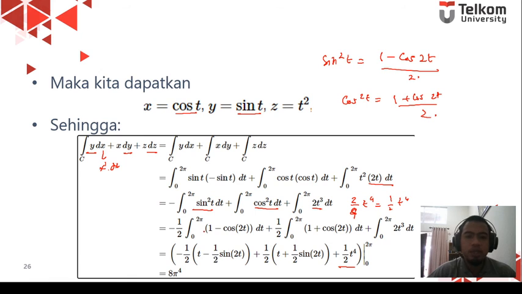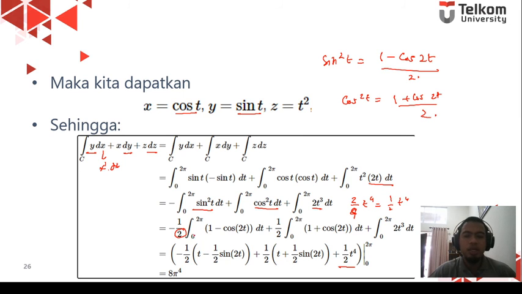So we change this one, sin squared, I change it to become 1 minus cos 2t over 2. This is minus, and the 2 in here, and also here cos squared t becomes 1 plus cos 2t over 2.